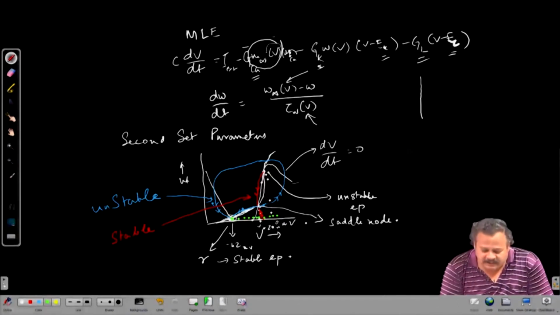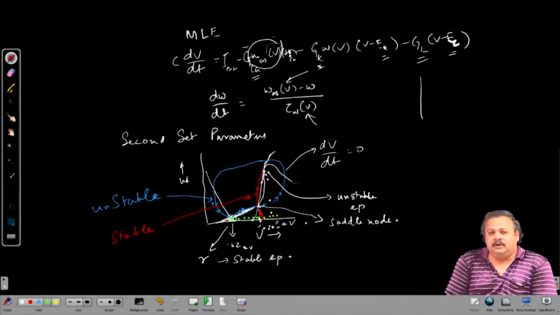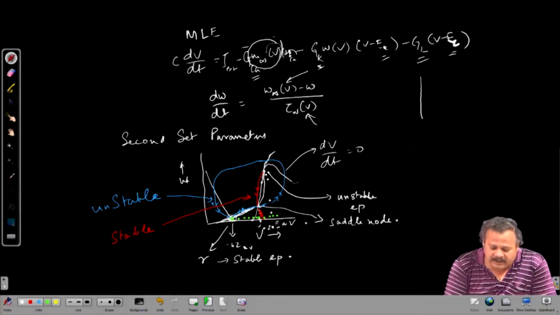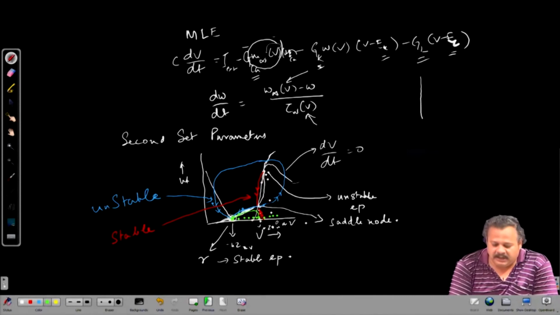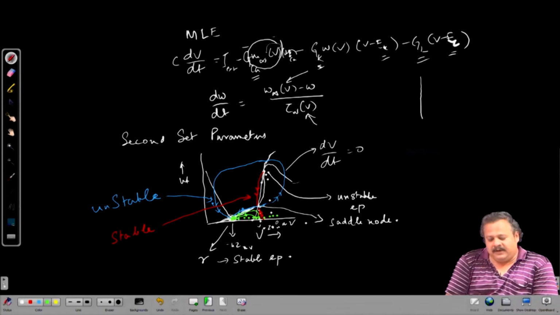So, trajectories to the left of this stable manifold will end up going like this and like this into this stable node. Anything that is to the left of this stable manifold will go back to the resting membrane potential, that is minus 42 millivolt.